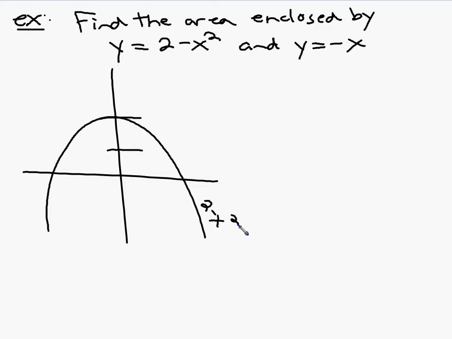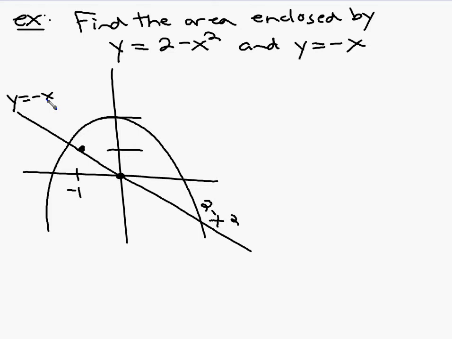Its slope is negative 1. So it's going to go through the origin, go through this point, and look something like that. So this one is y equals negative x.